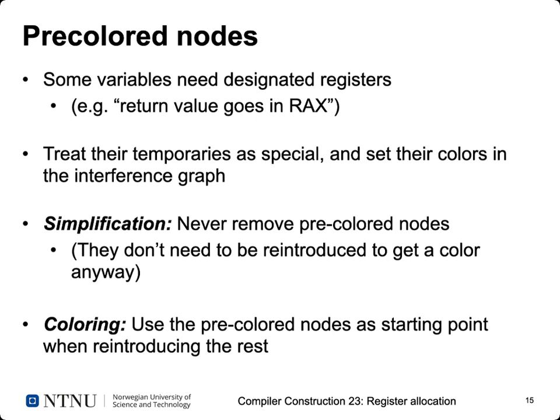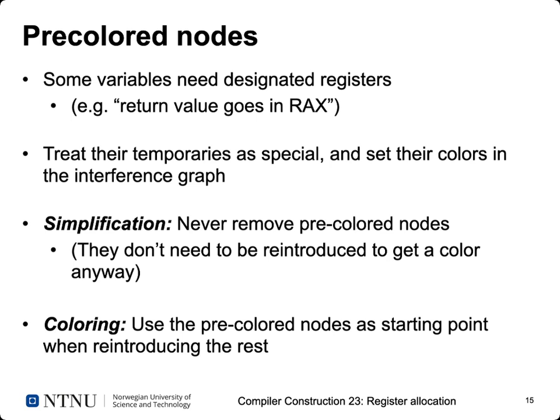And we can do a simplification here, and we can try to ensure that pre-colored nodes have a certain flag, so they are never actually removed from our interference graphs. So we wouldn't need to reintroduce them to get a color anyway, because they're already colored. So this would be a simplification.